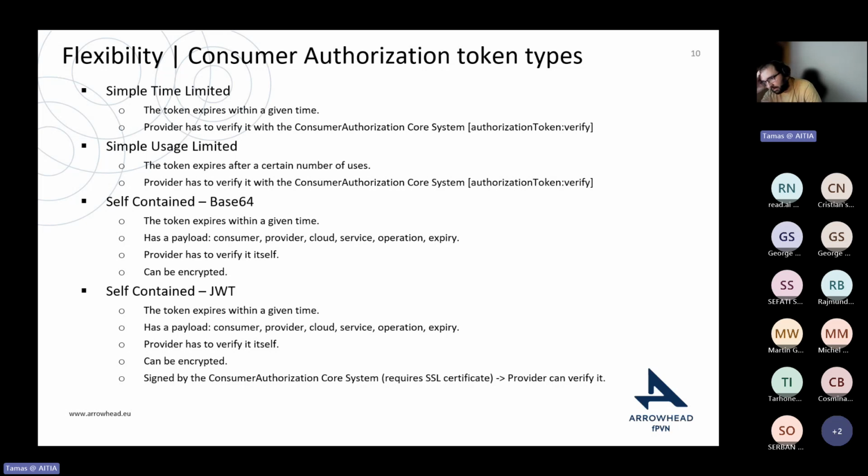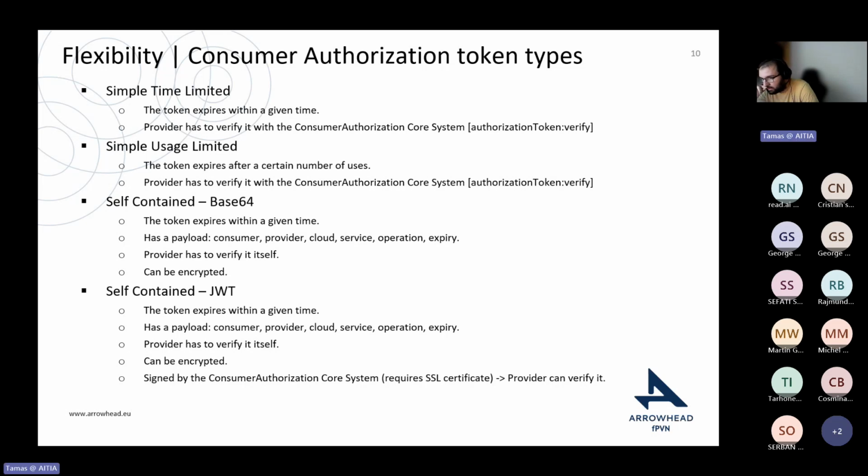It means that to use this token, the core systems should have SSL certificates, and if the token is signed by the consumer authorization core system, your provider can be sure that this token was generated by the core system which belongs to the same local cloud as the provider belongs.